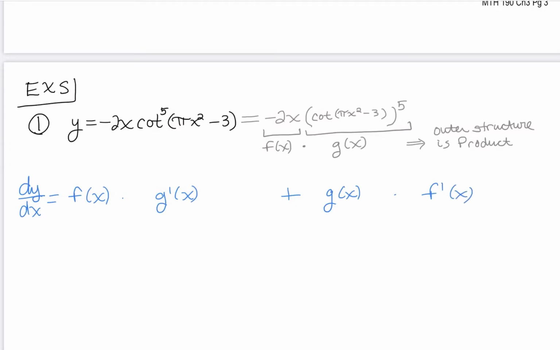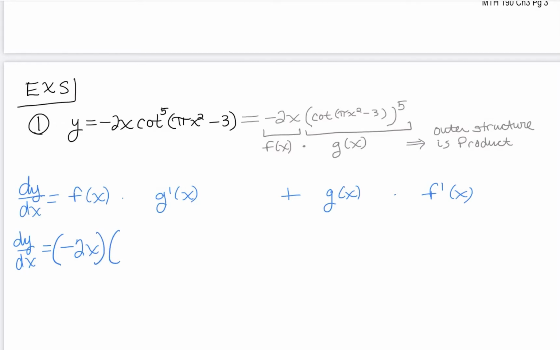So this is just sort of spread out so I have space. That's going to be my product rule structure. Now let's get into the nitty-gritty details of each of these pieces. So f of x left alone, no problem, negative 2x, got it.